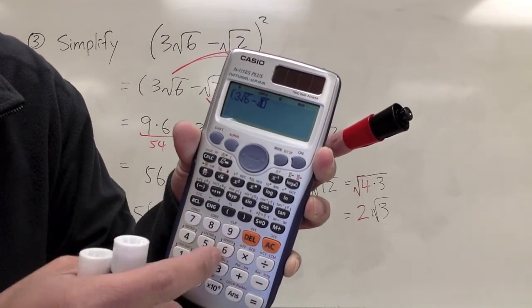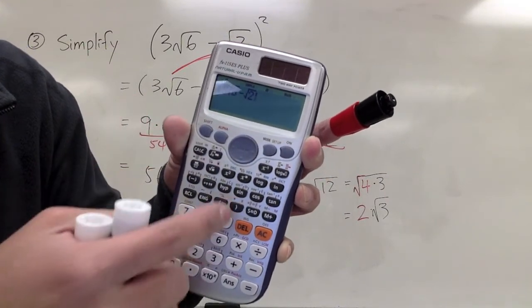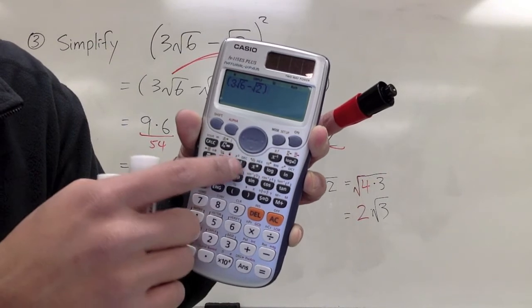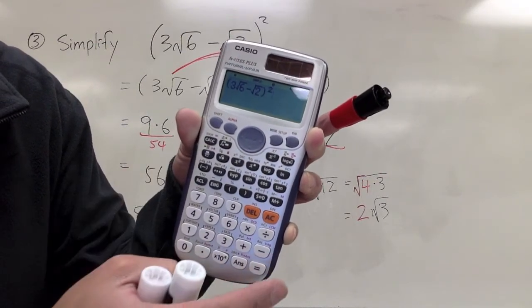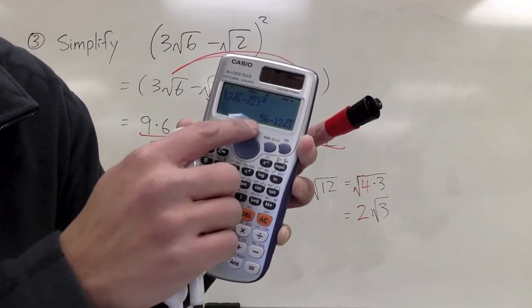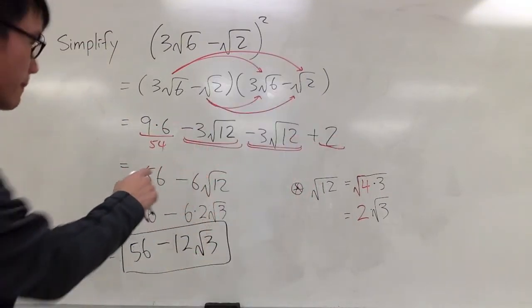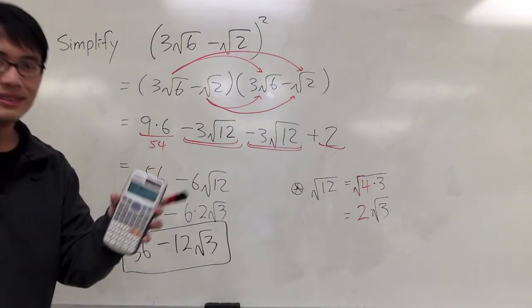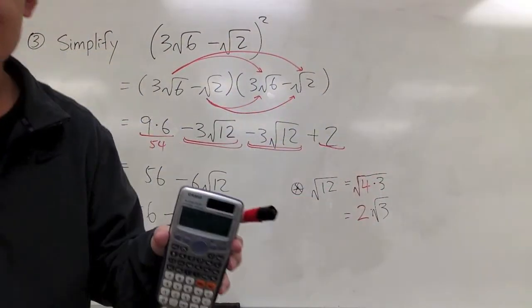I have the square root of 2, and then once again get out of the square root, open the parentheses, close the parentheses, then I can use a shortcut for the square button right here, and equal. As you can see, we get 56 minus 12 square root of 3. And that's it.